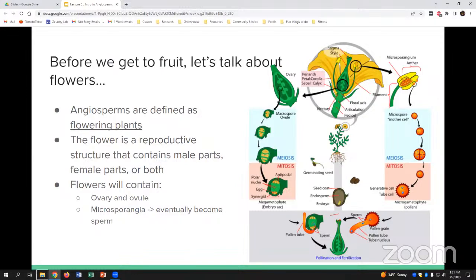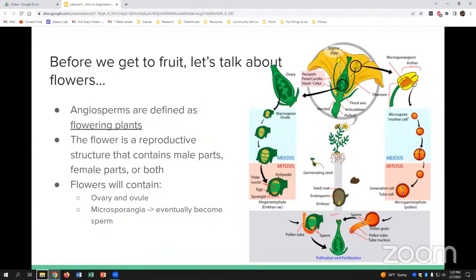But now we're having this happen within a single flower. We can have a flower that is male, a flower that is female, or a flower that has both. When you look at pictures of flowers to label, you're usually going to see a flower that contains both male and female parts so that they can label them all out. But a flower you see in the grocery store may or may not have both.